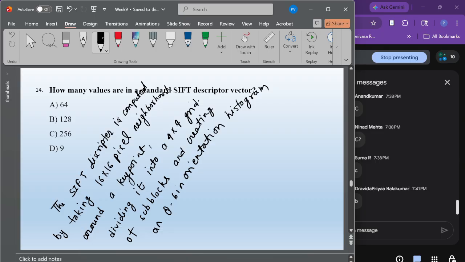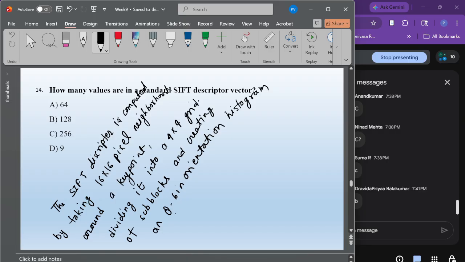There are 8 bins, angles are given, and the magnitude and angle matrix is given. For that, we have calculated the corresponding gradient magnitude.